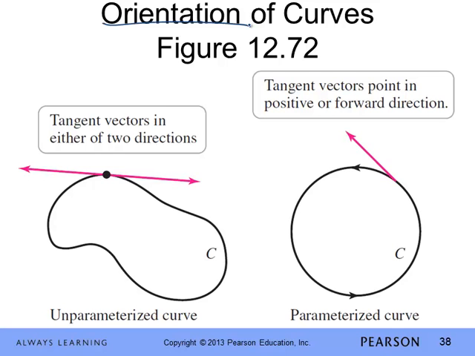Now, if we have an unparameterized curve where we don't care what t is, and so how the curve evolves as t increases, then we just have some curve in space, and you could have a tangent vector that either points in the one direction or the other, as long as it's a vector that is tangent to the curve.